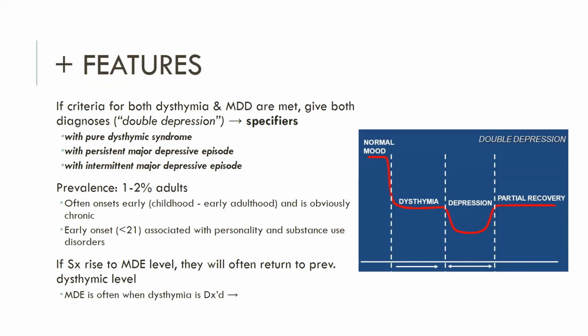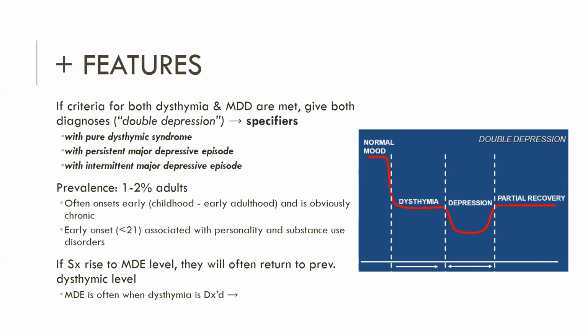As far as features go, the first piece I want to introduce you guys to are some specifiers. As I mentioned earlier, it is possible to meet criteria for both dysthymia and major depressive disorder at the same time. While colloquially we'll sometimes refer to this as a double depression, clinically and officially there are several specifiers that we actually use to label the patient's file.